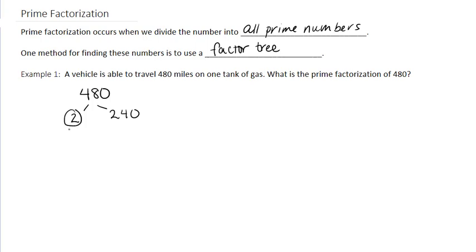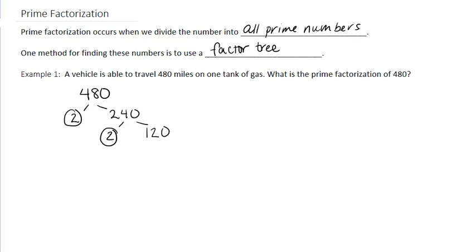Now, 2 is a prime number, so we'll just circle it because we're done, as we just need to divide them into prime numbers. Now, 240 can be further divided. This is also even, so we can divide by 2. 2 can go into 240 120 times.